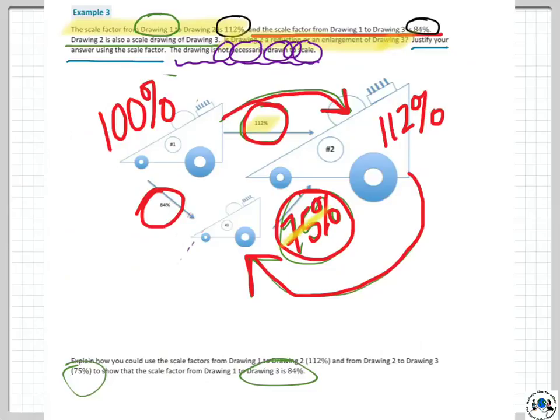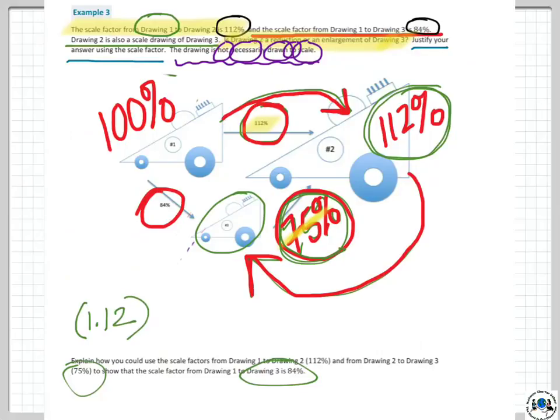Well, in truth, and again, I'm not sure how much sense this will make to you, going from number 3 is going to be 75% of 112%, which is 1.12.